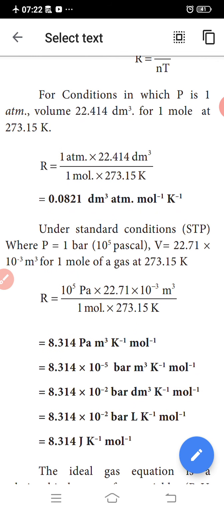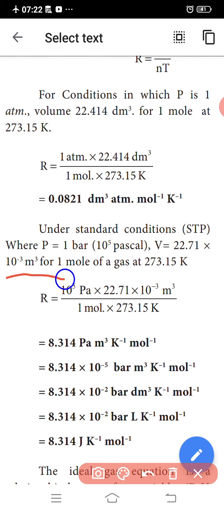Now consider the conditions where P in Pascal is equal to 1 bar, so 10 to the power 5 Pascal. V is equal to 22.71 into 10 to the power of minus 3 m cube for 1 mole of a gas at 273.15 Kelvin.